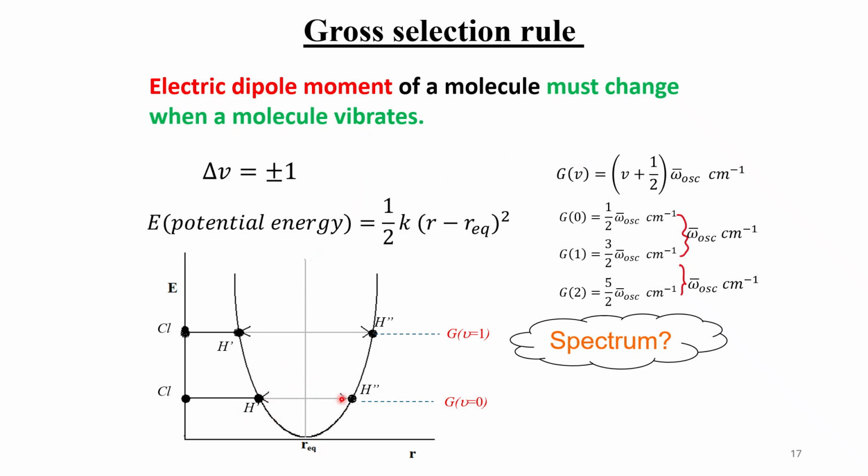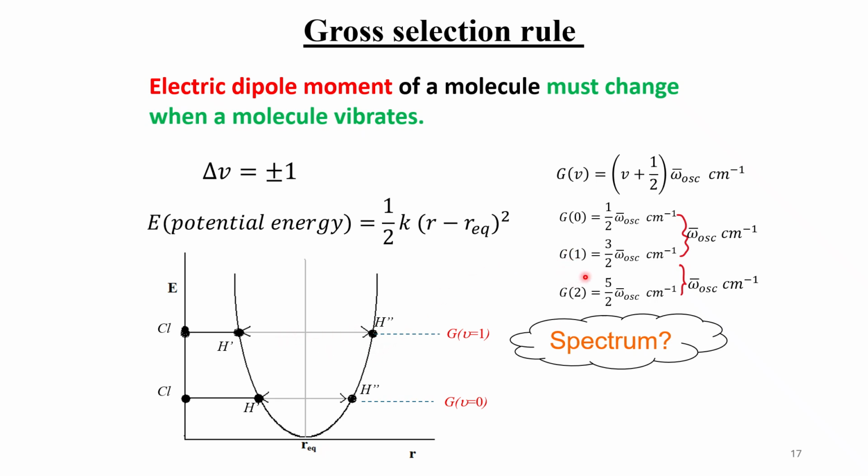So each vibrational energy level has its respective value. When the molecule is at the ground state, the vibrational quantum number v equals 0, so the energy for the ground state is equal to 1 over 2 multiplied by the vibrational frequency. For the first excited state, the vibrational quantum number equals 1.